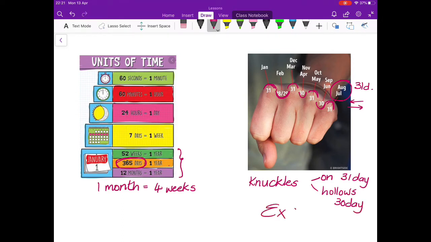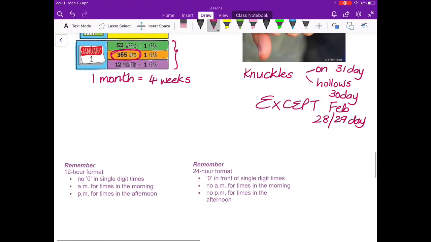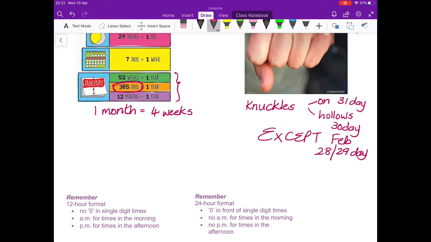Except, there's always an exception, February, which has either 28 or 29 days. How do we know when it has 28 or 29? Well, 29 in a leap year, 28 other years.